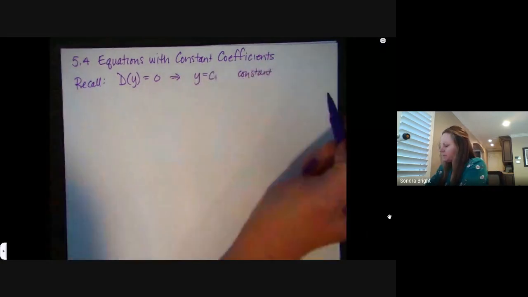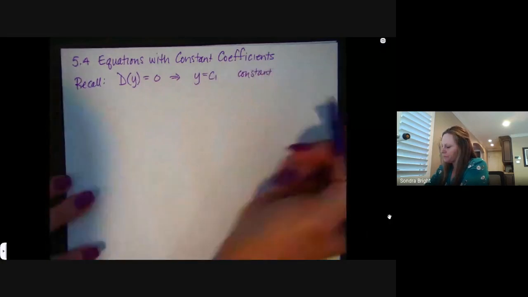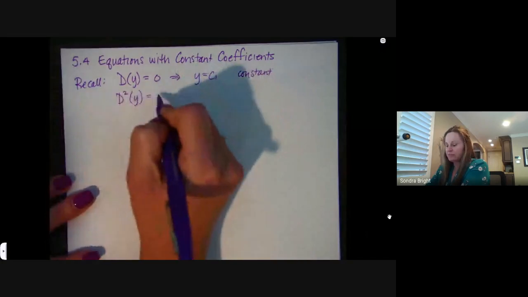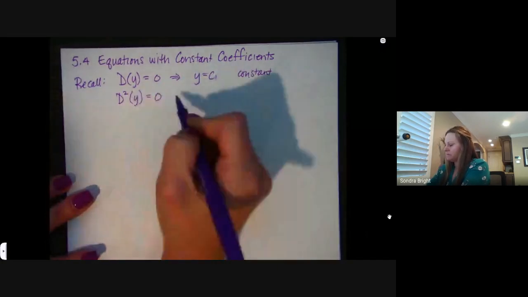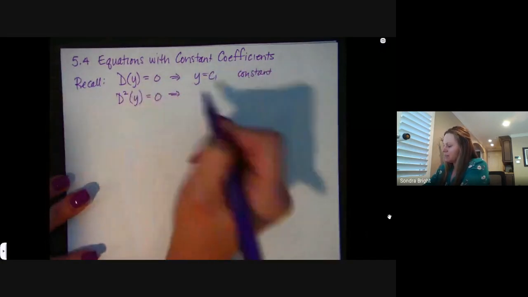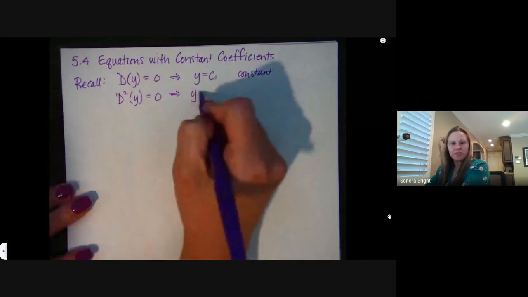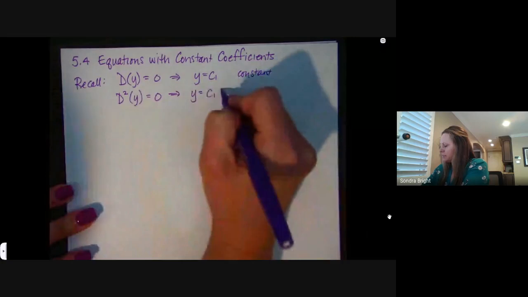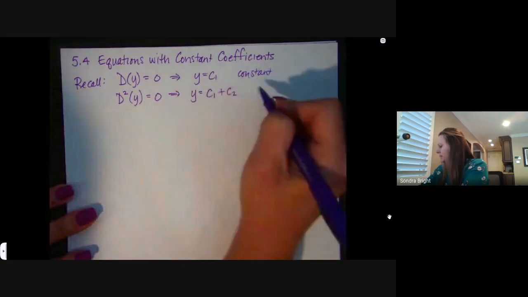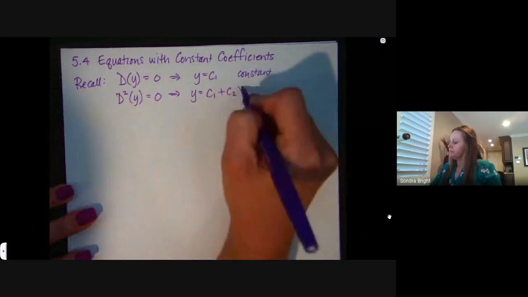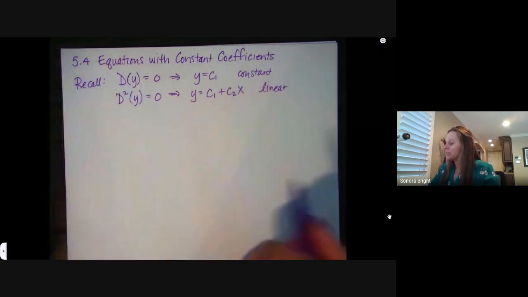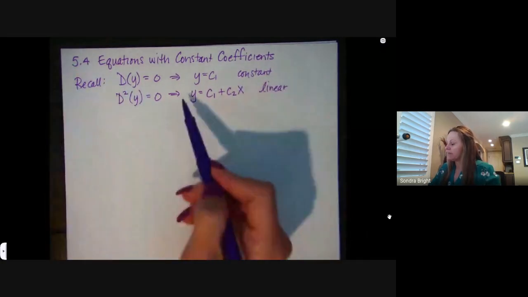If you take the second derivative of y and that's what gives you 0 instead, then that means your y must have been linear, so c1 plus c2 x to the power of 1. If your equation was a linear equation, taking the second derivative is what will bring you to 0.